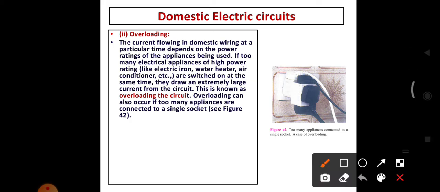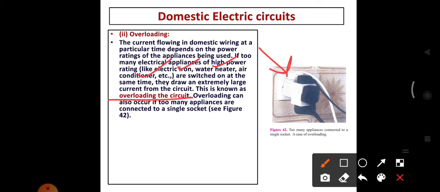If too many electrical appliances of high power rating, electric iron, water heater, air conditioner are switched on at the same time, they draw extremely large current from the circuit. This is known as overloading the circuit.